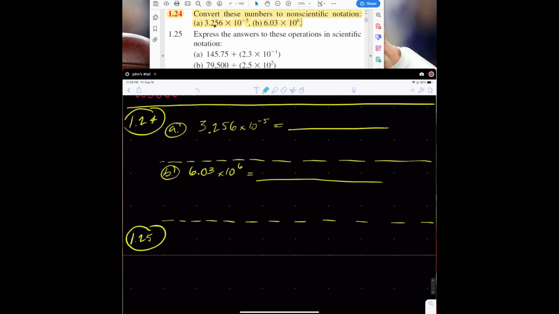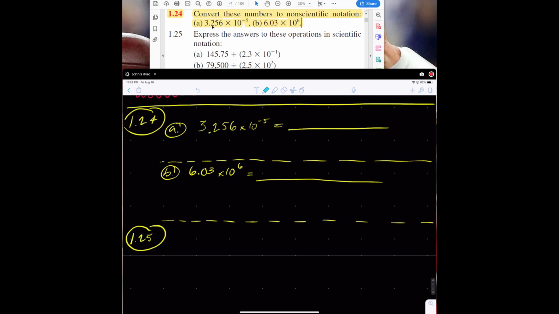Alright, question 24 is asking us to convert more numbers from scientific notation to non-scientific notation. So I'm going to try and just go through these quick. We're given 3.256 times 10 to the -5. What they want us to do is add enough zeros to get the original non-scientific number.